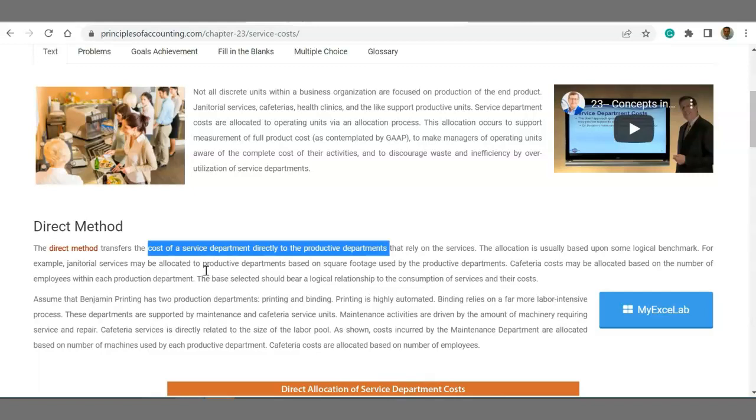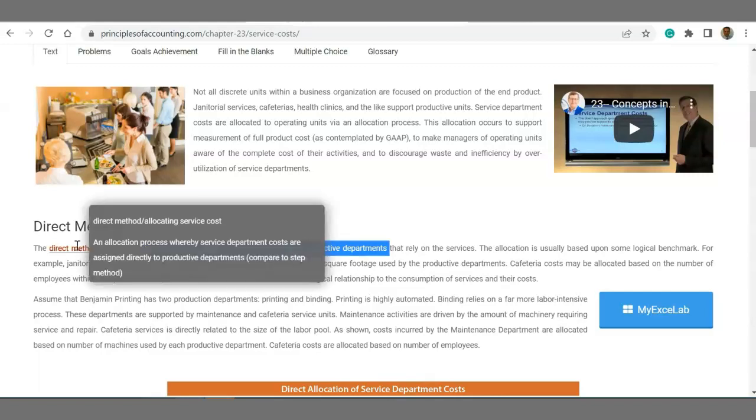So in the direct method, the allocation process of the cost of a service department to a productive department is direct. We directly apply it. There is also a step method, then another method.